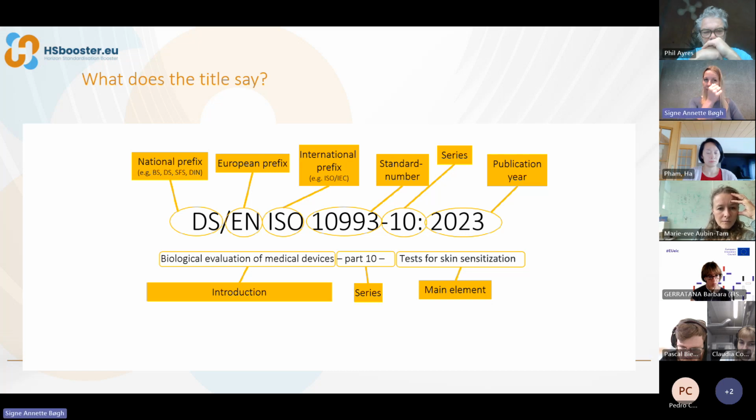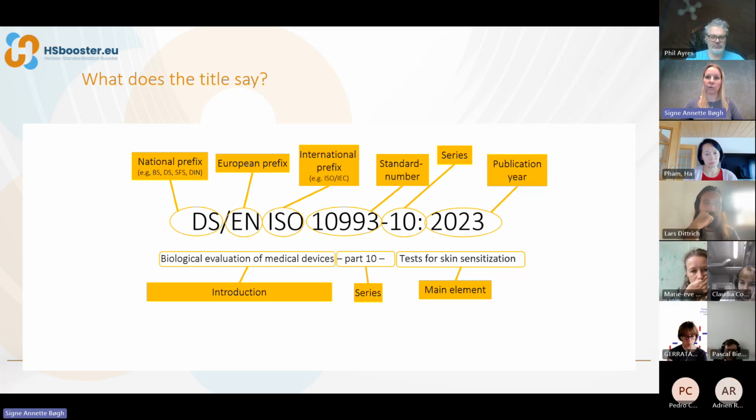Even more importantly, EN, that's the European prefix. Here you can read this standard is European, but you can also read it's also international. And some of you might wonder, how come this standard is both European and international at the same time? That's because we have a rule in Europe that's actually quite key. Every single European standard must be implemented in European countries.